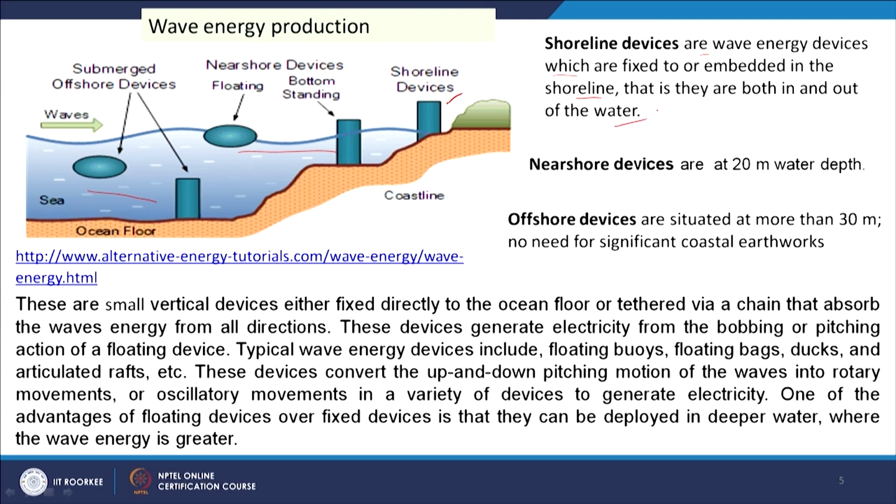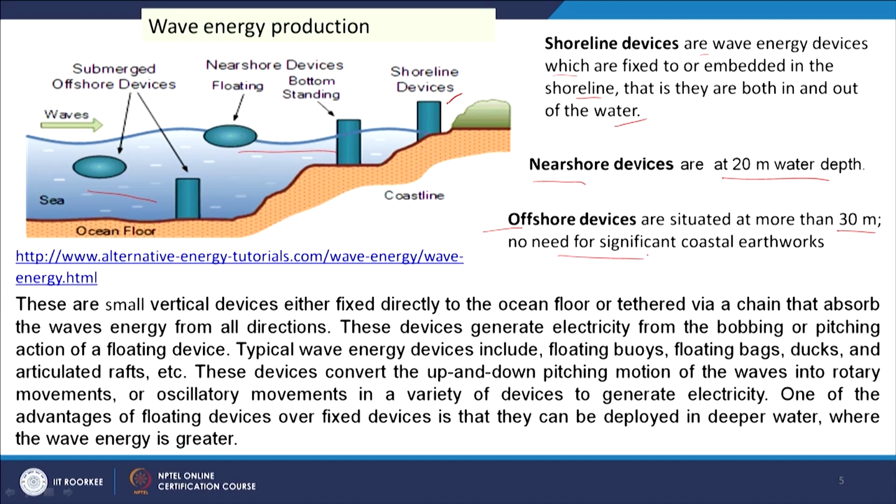Near shore devices are at 20-meter water depth, and offshore devices are at more than 30-meter water depth, and in this case there is no need for significant coastal earthworks.